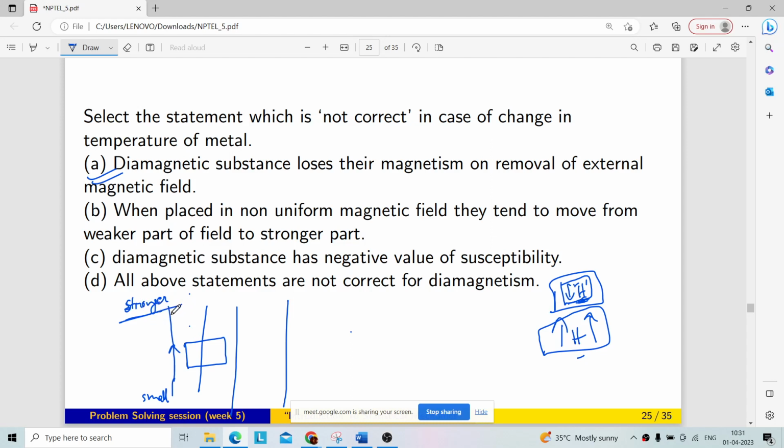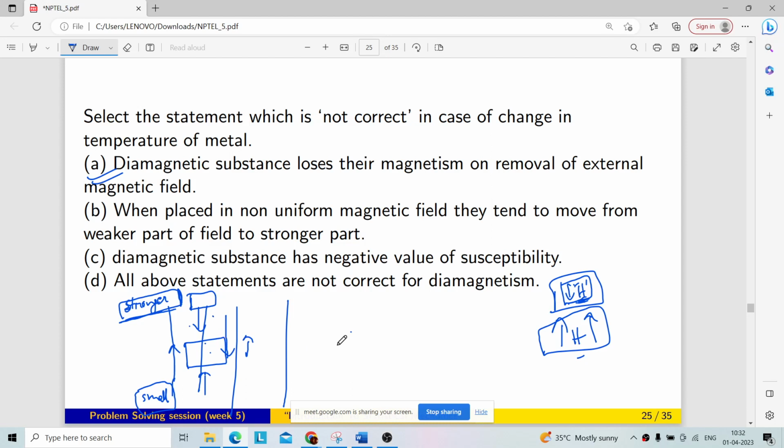So in essence, we have a stronger magnetic field from this upper side and a smaller magnetic field from the lower side. As this is diamagnetic material, it will be repelled by the magnetic field from both sides. But as the magnetic field is stronger on this side, the repulsion from the upper side will be more compared to the lower side.